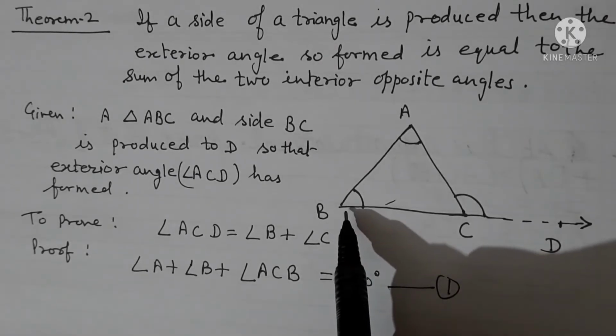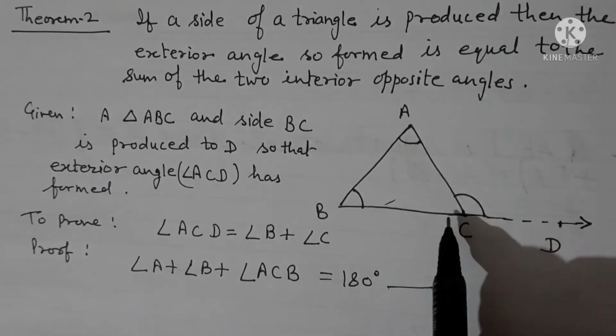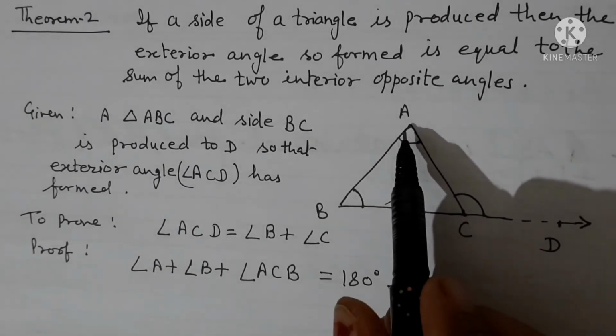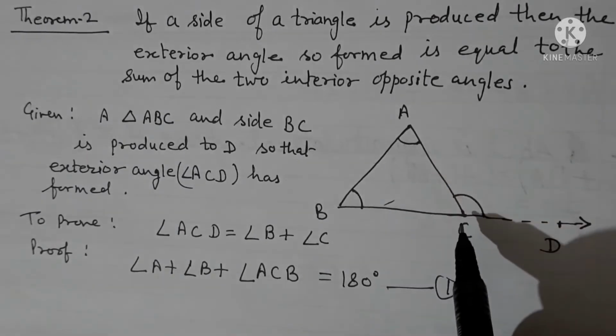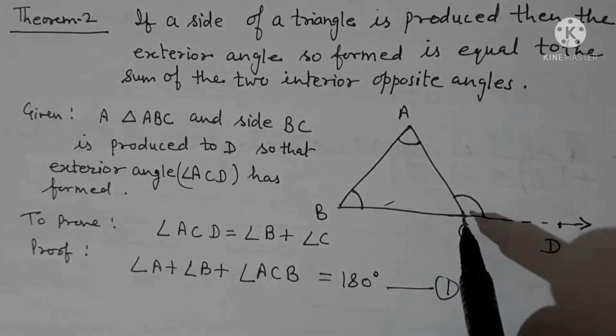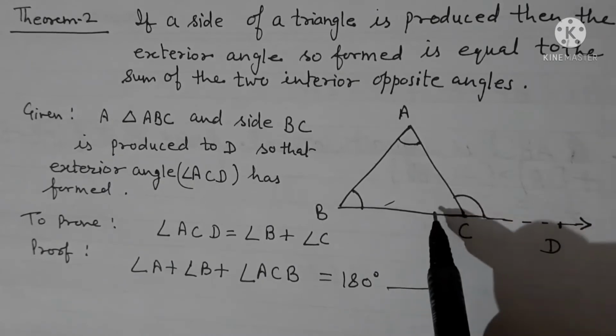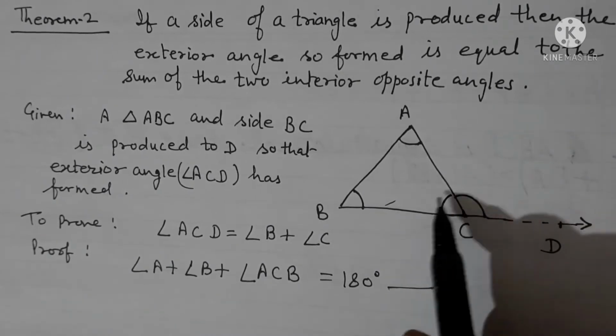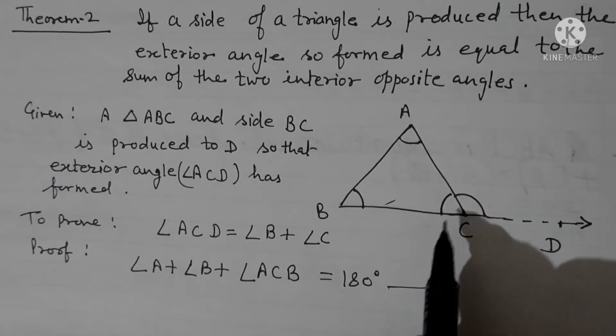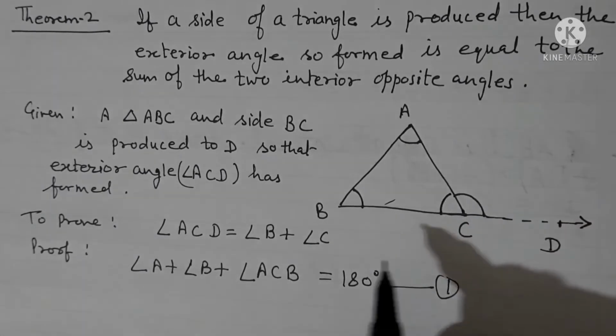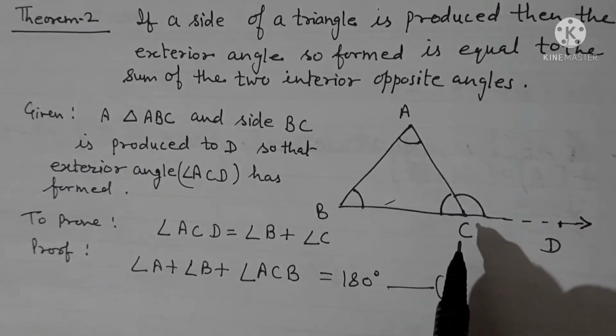And the other, angle on a straight line. AC is the ray standing on it, or you can say linear pair. Here a linear pair is formed. The sum of a linear pair will be 180 degrees. Use it.